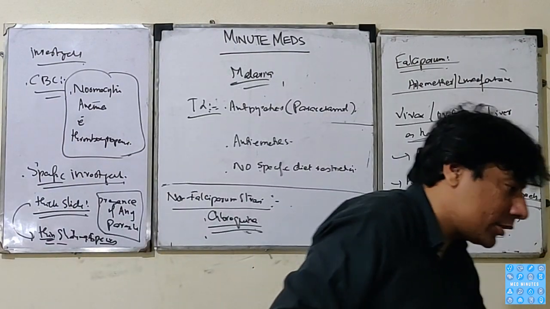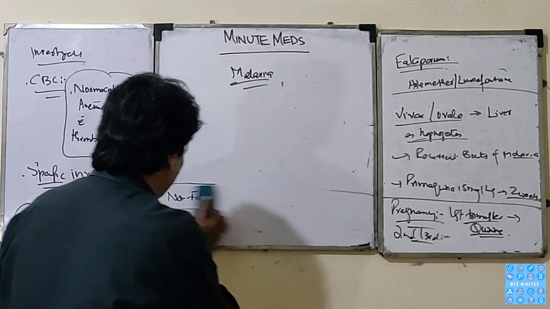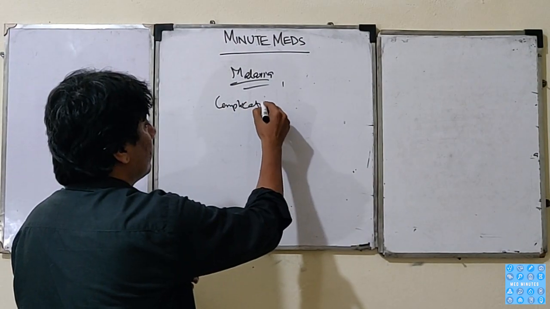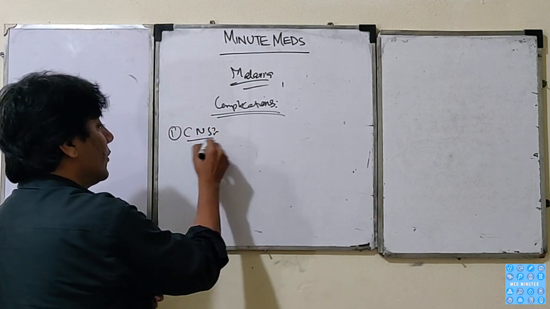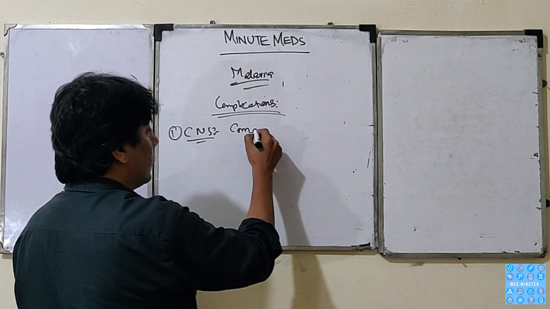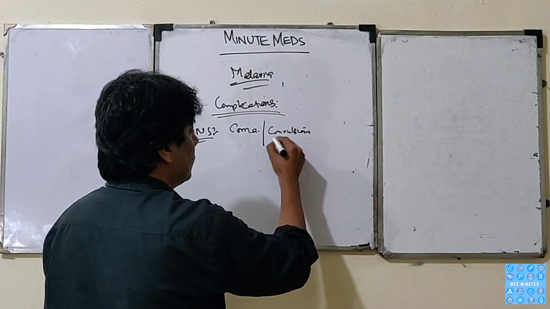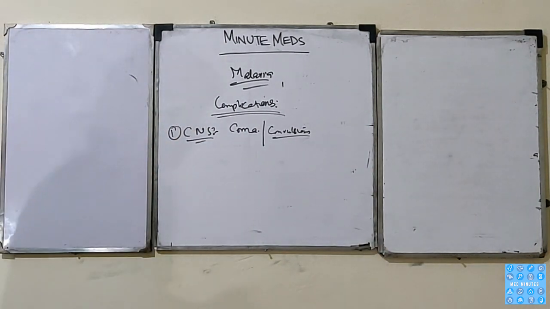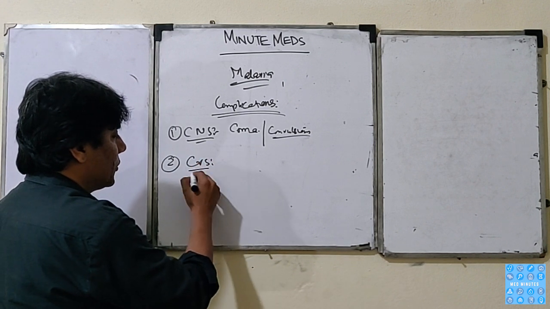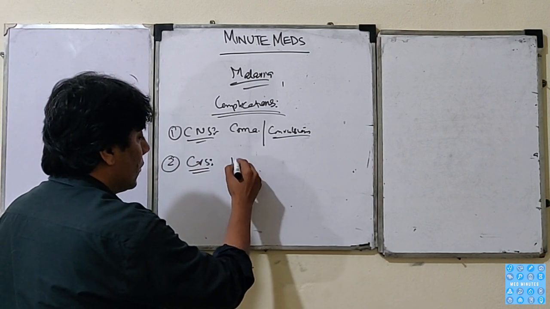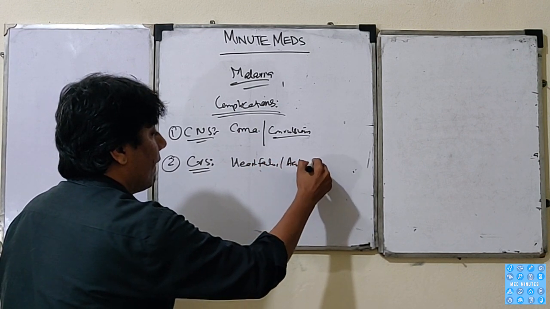So a few words about what the complications are and how we treat the complications of malaria, or complicated malaria. So complications in the central nervous system, the patient can come with coma or convulsions or cranial palsies. In the cardiovascular system, the patient can come with heart failure, acute pulmonary edema.